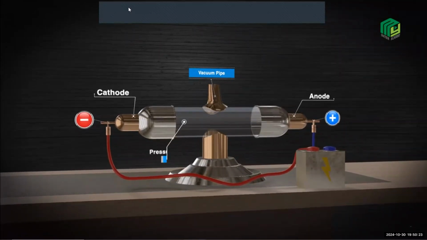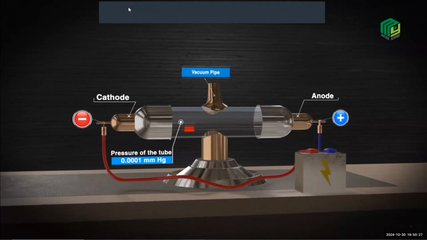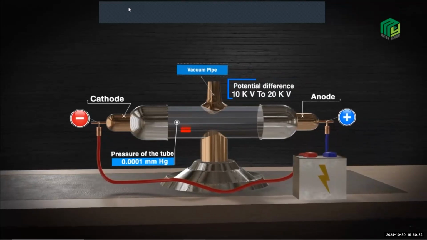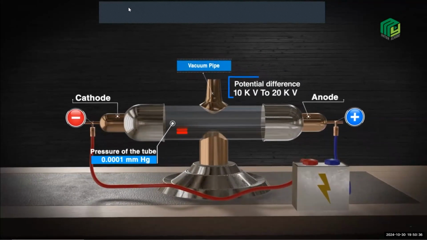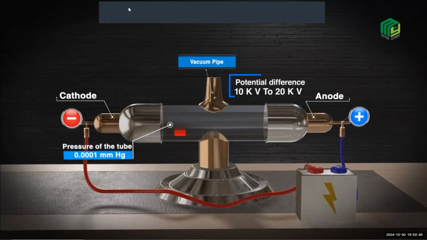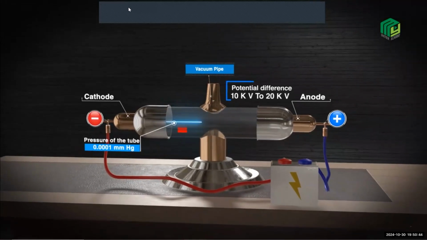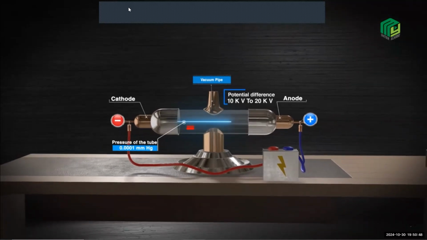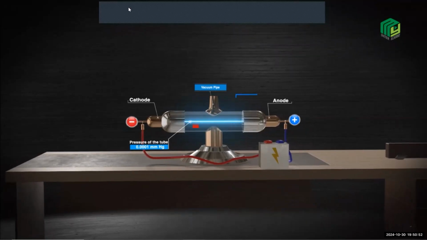However, when the pressure of the tube was reduced to 0.001 mm Hg, and a high potential difference between 10 kV and 20 kV was applied, a glow was seen on the walls of the glass tube. The rays emitted by the cathode travel towards the anode. The attraction of rays towards the anode reveals that the rays carry negative charge.